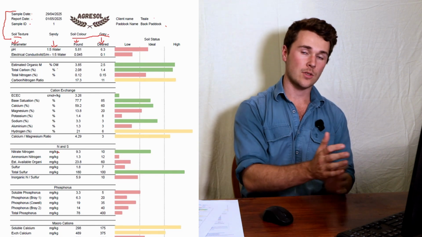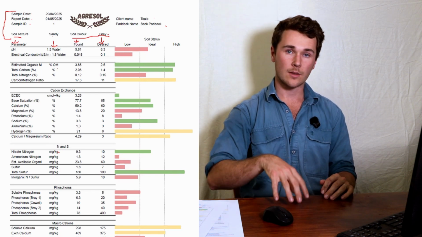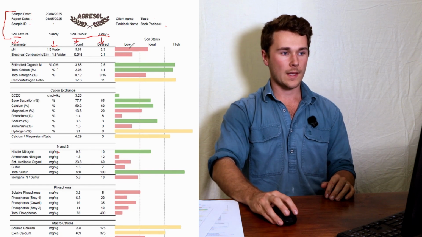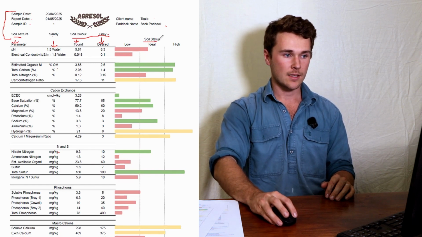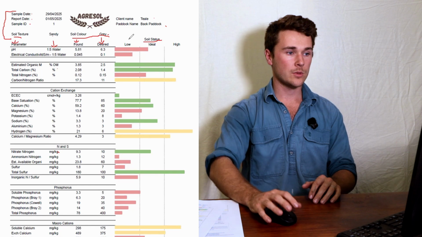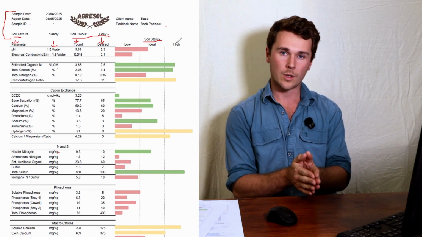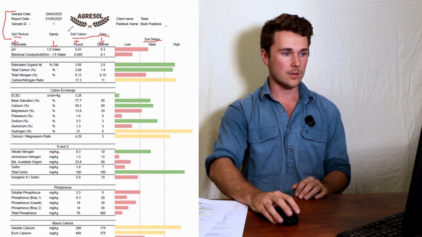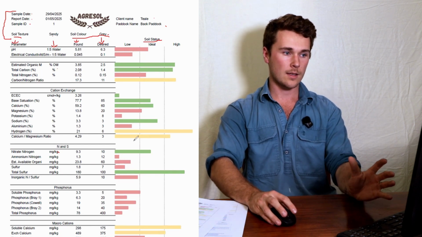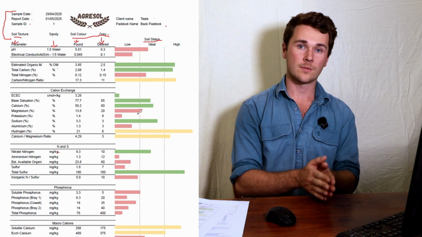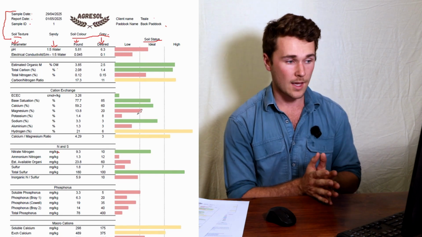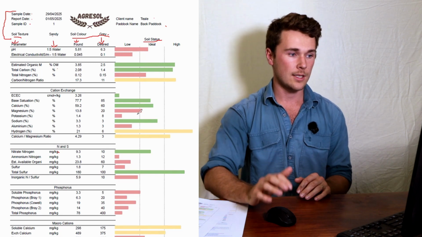Sometimes we want to be under certain numbers, depending on if it's going to limit our soil test. And then finally, we have our soil status, which is low, ideal, and high levels. We put this in here because we find it really useful to analyze what is our limiting factor. When you look at a soil test like this and you see things that are the lowest, oftentimes they're the things you need to fix straight away, and you'll get the biggest responses in your crops.